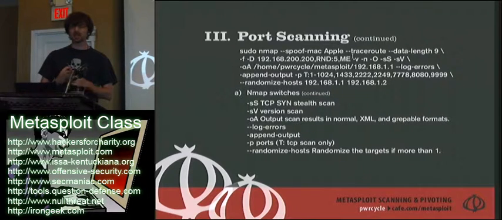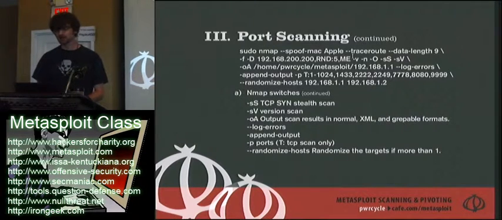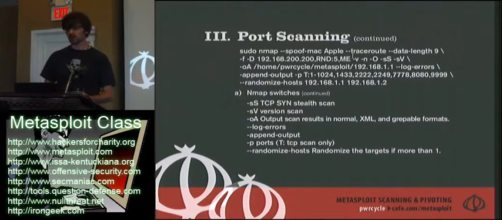The XML is the only file that Metasploit will import, so it's the one you care about the most. For me, I just always name the file the IP address that I'm scanning. So that's -oA on the Metasploit 192.168.